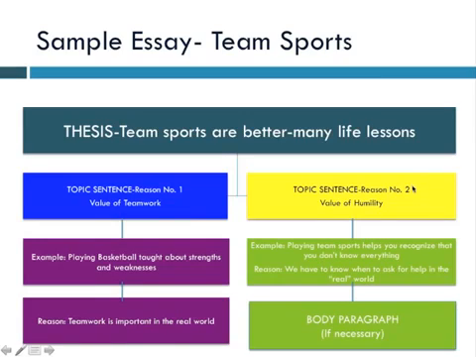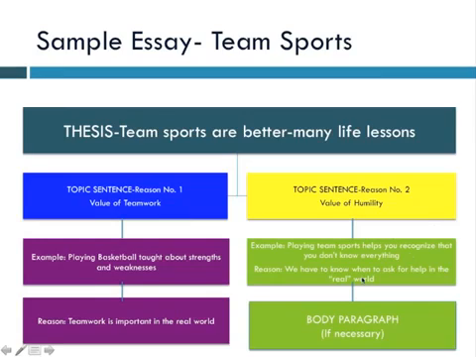Now, you will see in a later video, when we finish the essay, that for the second reason we talk about the value of humility. Now, humility is talking a lot about recognizing that you don't know everything and that you need other people to help you. And I said that's one of the reasons why I think teamwork is better than individual sports, or team sports rather, because I can learn from other people. So why?